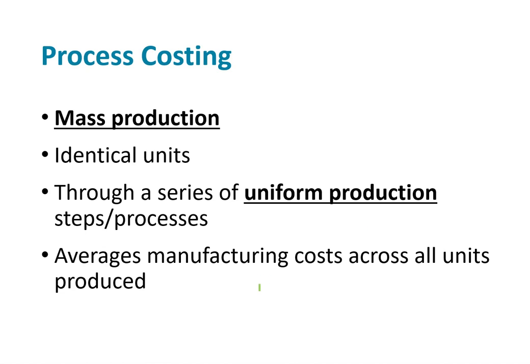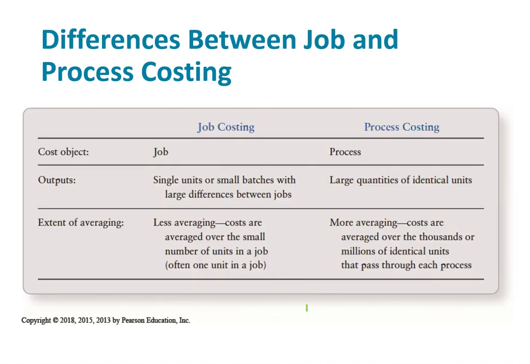So that would be something like a paint manufacturer, where you have these huge vats of paint that maybe in one process you add the different colors, and then you put in some turpentine in another process, and it goes from one uniform production process or step to the next. So these are the two main types of accounting systems.